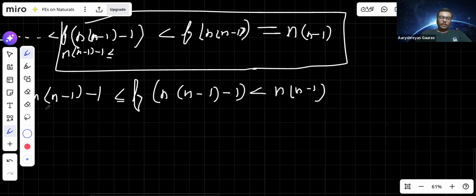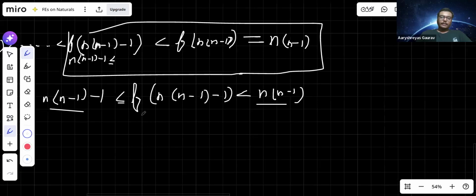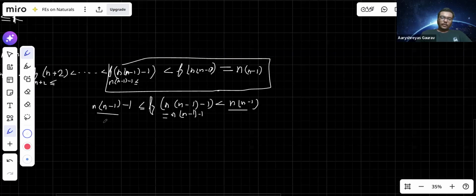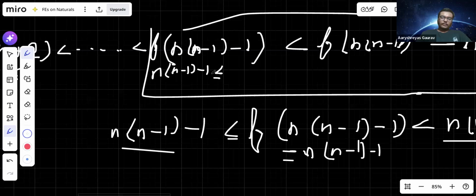Hence, these two are consecutive numbers, and we get that this thing is equal to n times n minus 1 minus 1. And since we got this, we got equality in here. This is now no more an inequality.